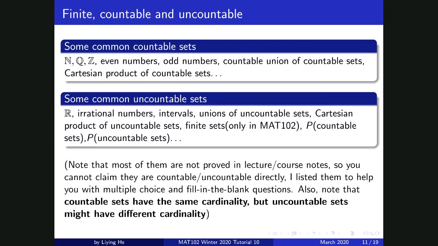You still have to prove them, because most of them are not proved in your course notes. Also, countable sets have the same cardinality, but uncountable sets might have different cardinalities. It doesn't mean that they all have the same cardinality as the real numbers.